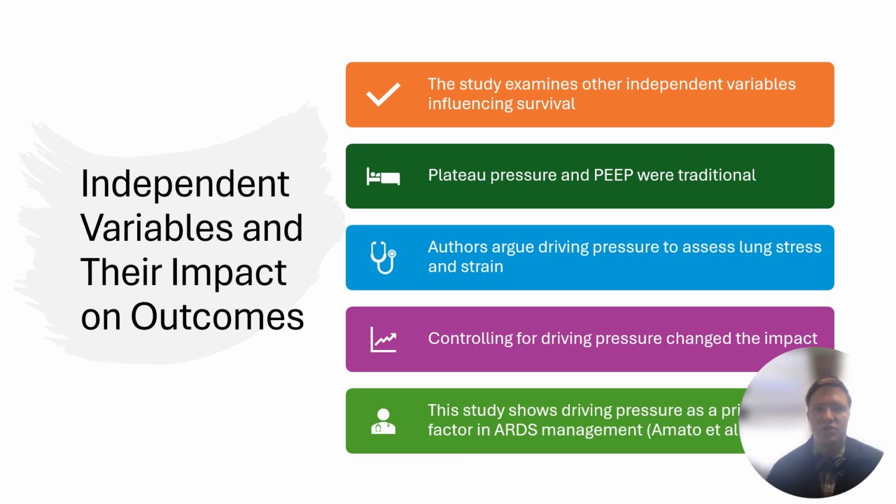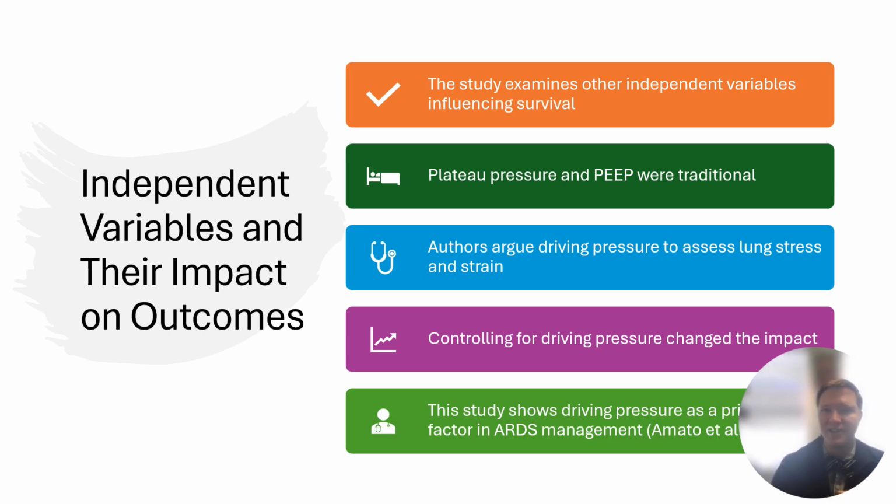In addition to driving pressure, the study examined other variables that influence survival, including plateau pressure, PEEP, and the compliance of the respiratory system. Plateau and PEEP have usually been the benchmarks of vent settings, but the driving pressure offers a more comprehensive assessment of the lung stress and strain because it's under dynamic conditions. It's under the delivery of the breath.